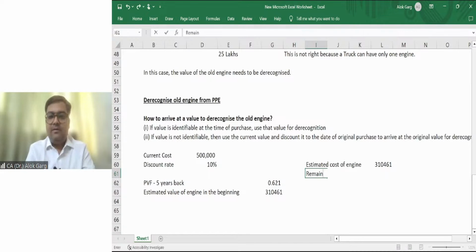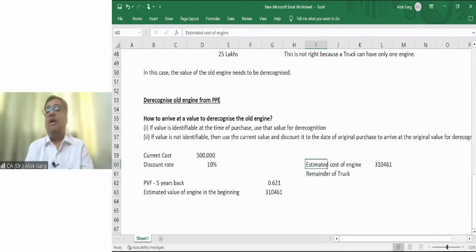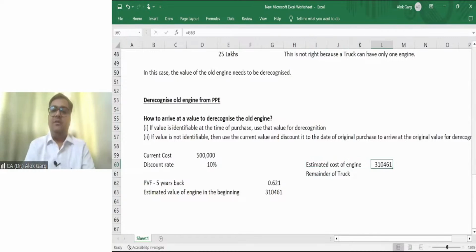The remainder of the truck means all other parts other than the engine. How much is it? 20 lakh minus 3,10,461.